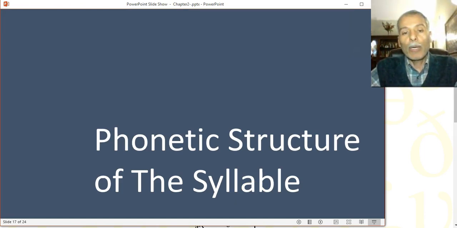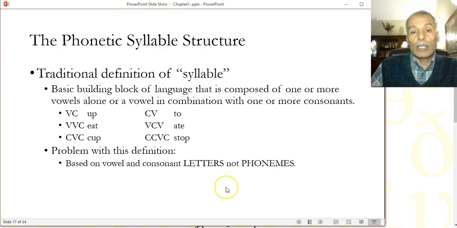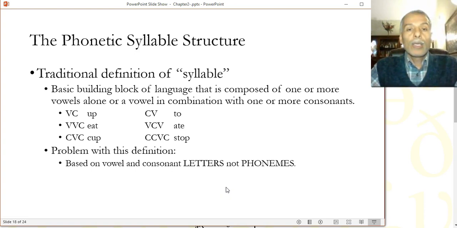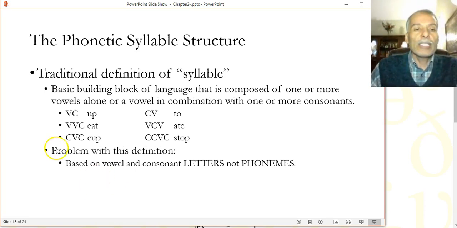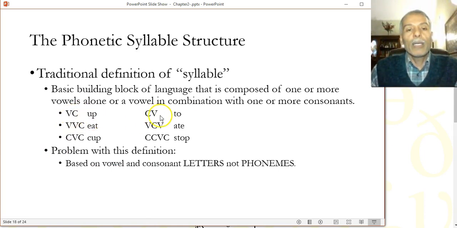Now we're going to speak about the phonetic structure of the syllable. What is a syllable? The traditional definition of the syllable doesn't really capture all that's in the syllable. So they say, okay, VC means vowel consonant, as in up. CV means consonant vowel, as in to.